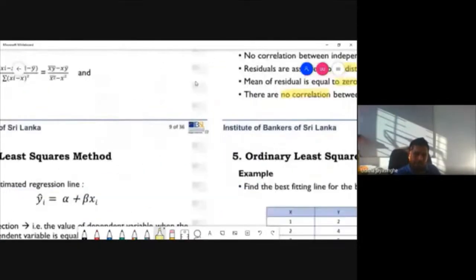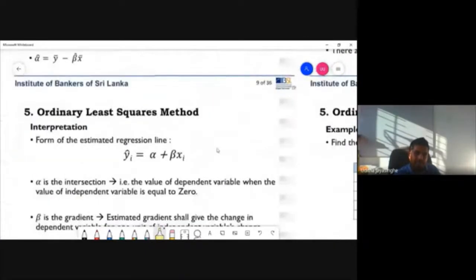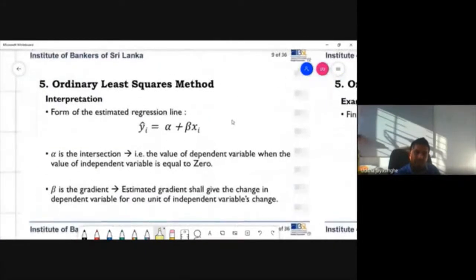And finally, we need to understand the interpretation part of this ordinary least squares method. Once you are done with the regression and find the alpha and beta, we are going to represent our finding in this particular way, as y hat is equal to alpha plus beta xi.